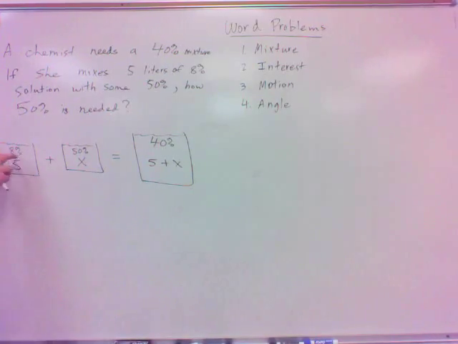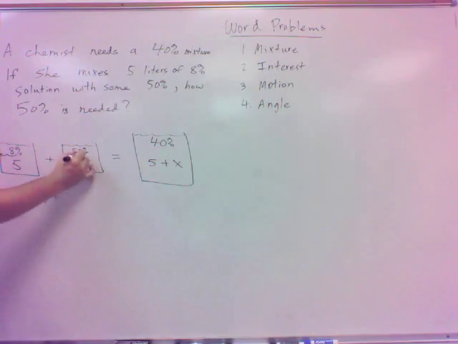I multiply each percent times amount: 8% times 5, or in decimal, 0.08, moving it 2 places back. So I multiply that 0.08 times the 5.